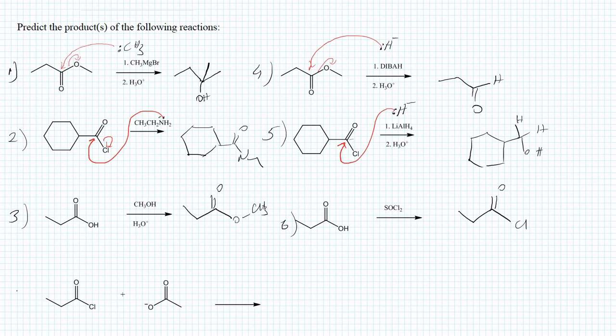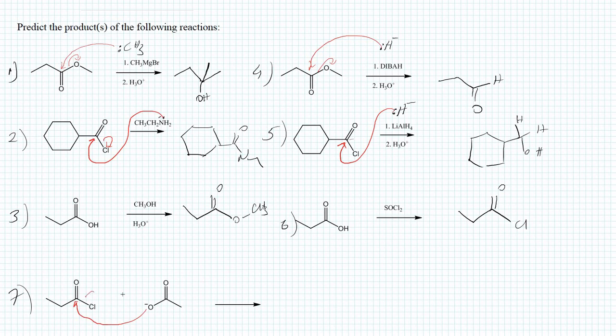And the last question, number 7, we have an acyl chloride, and we have here a carboxylate anion. The carboxylate anion will be our nucleophile. Chlorine will be our leaving group. So it's going to be an acyl substitution reaction. If we draw the mechanism, basically oxygen will act as a nucleophile and it's going to replace chlorine.